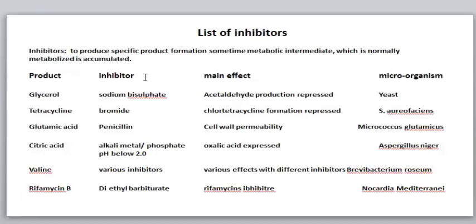Suppose we want a particular product, but just like in the formation of penicillin, the formation of lysine also takes place. What we do is minimize the rate of production of lysine using an inhibitor, so that the concentration of penicillin will be higher.